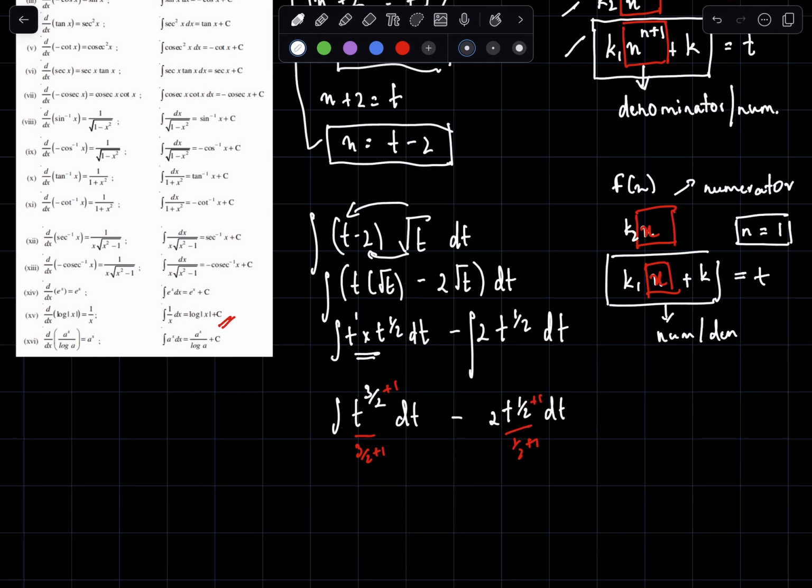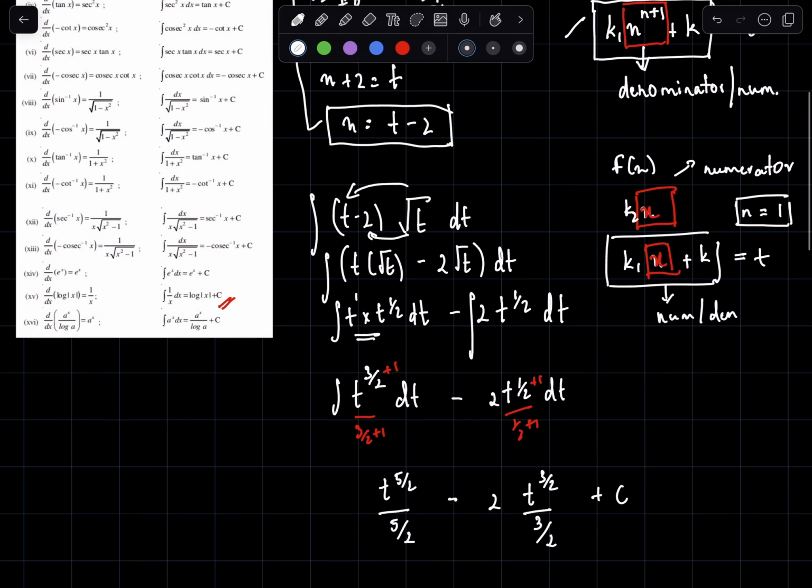Just add 2 to the numerator, which is t raised to the power 5 by 2 divided by 5 by 2. Not integral, my bad. Even I keep making silly mistakes, so be careful of that. Minus 2 times t raised to the power 3 by 2 divided by 3 by 2 plus c.